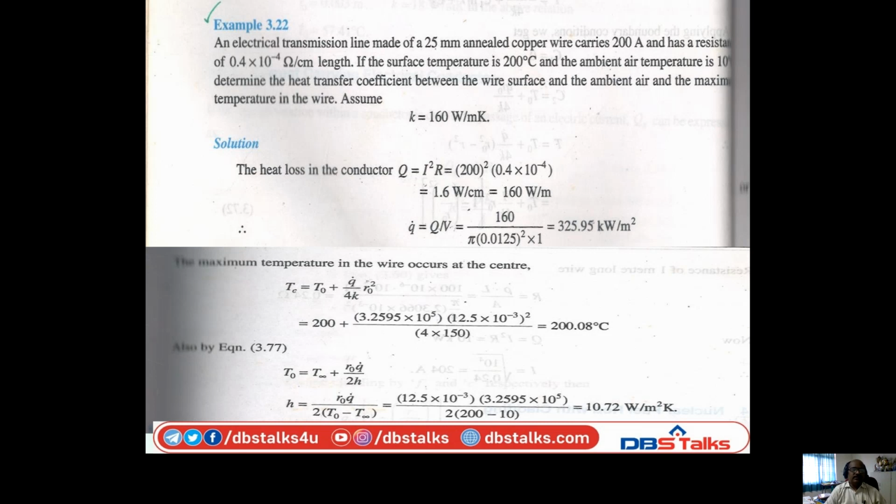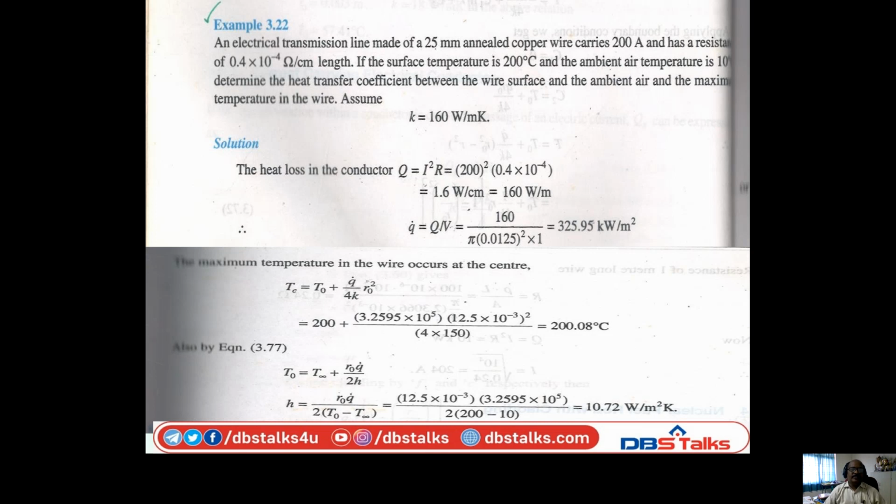Next, this problem belongs to heat generation. Sometimes along with heat transfer, there is a heat generation. This is how to solve these problems. An electrical transmission line made of 25 mm annealed copper wire carries 200 amperes and has a resistance of 0.4 into 10 to the power of -4 ohms per centimeter length.